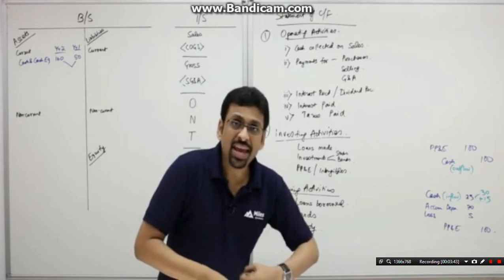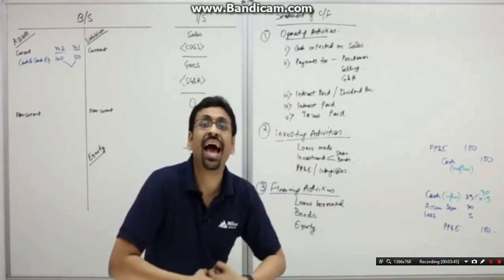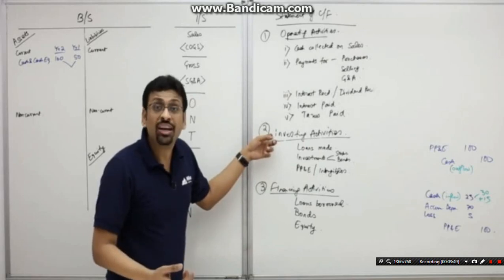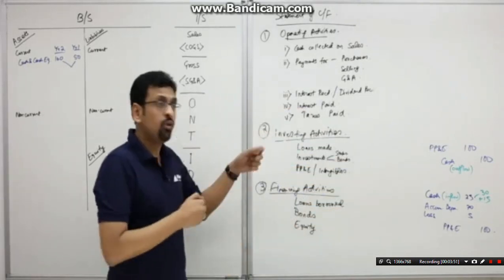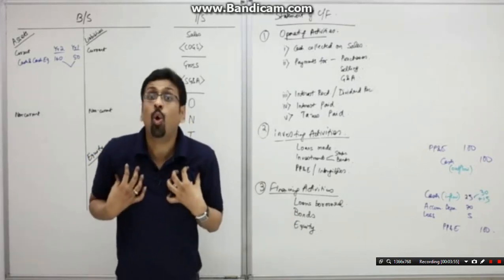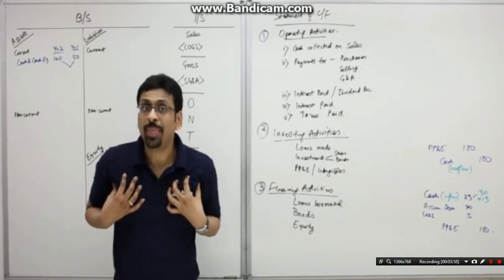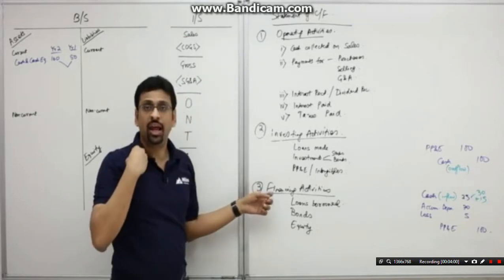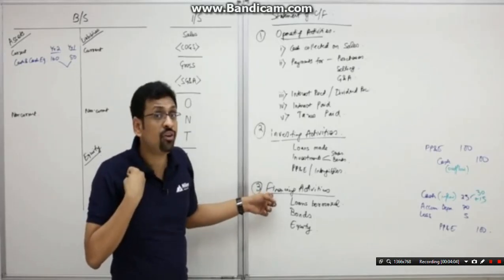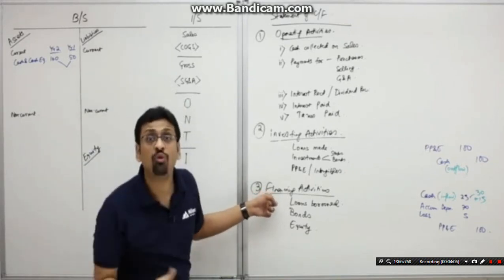Investments. When I make investments in somebody else, that's a cash outflow from investing. When I sell off the investment, that's a cash inflow from investing. When I issue my own bonds, that's a cash inflow from financing. When I retire my bonds, when I pay them off at maturity, that's a cash outflow from financing.